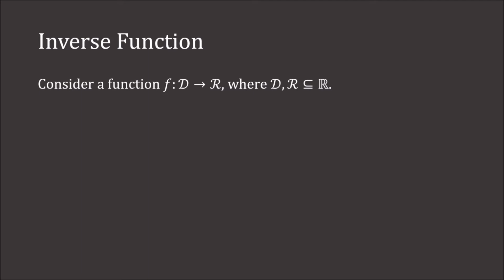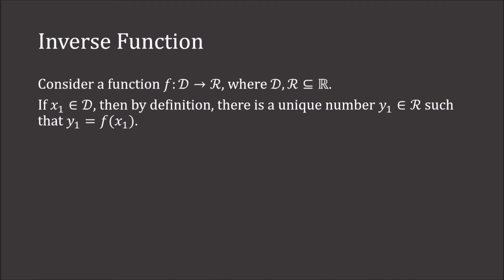So consider a function f from a domain D to a range R, where D and R are subsets of the real numbers, so R just contains real numbers. If x1 is in D, then by definition, there has to be a unique number y1 in R such that y1 is equal to f of x1.